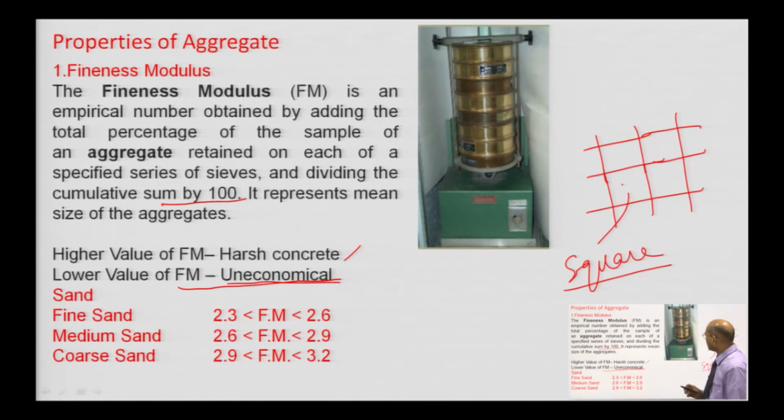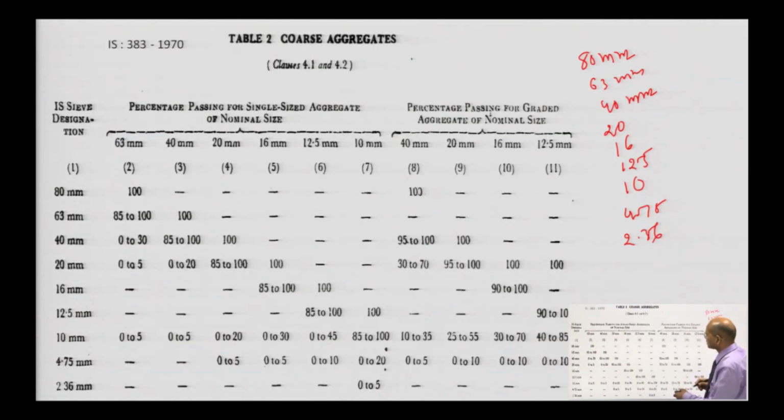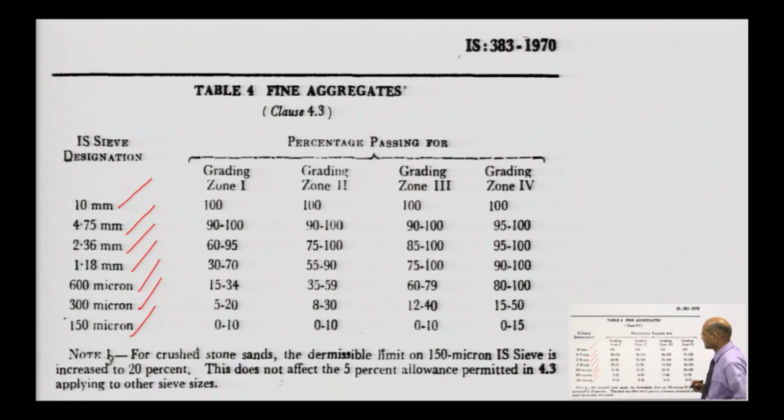Say I want to find out the fineness modulus of coarse aggregate. Coarse aggregate is going to be retained on, say, 4.75. I will just go to this slide. This is going to be retained on these: 1, 2, 3, 4 and 5.